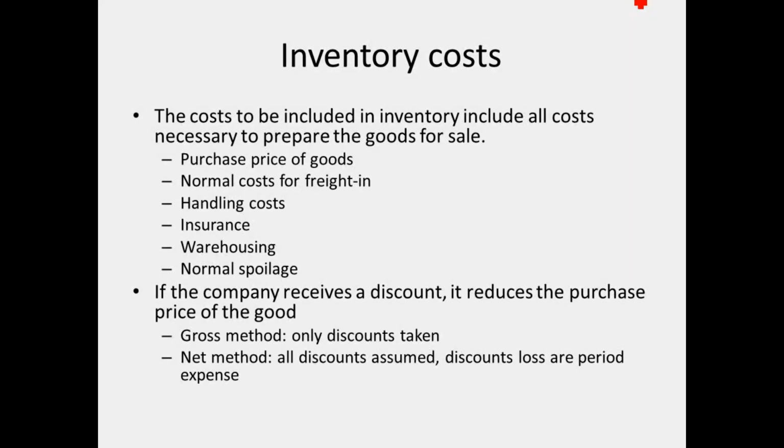Now, you're only supposed to include the costs that are necessary. So if you, for example, decide to buy way more stuff than you need, and you say, well, I'll just ship it halfway, keep it in a warehouse for 6 months, and then when I need it, I'll ship the rest. Those warehousing costs aren't part of the product cost. Those are optional voluntary storage costs.